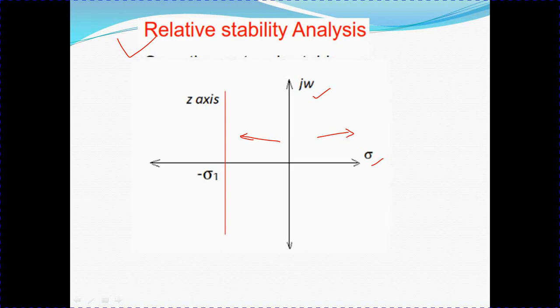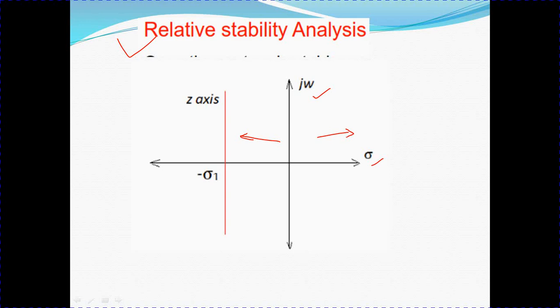Okay, without calculating the roots of the characteristic equation, it indicates whether the roots will be lying on the left half of the S plane or on the right half of the S plane, depending upon the number of sign changes.